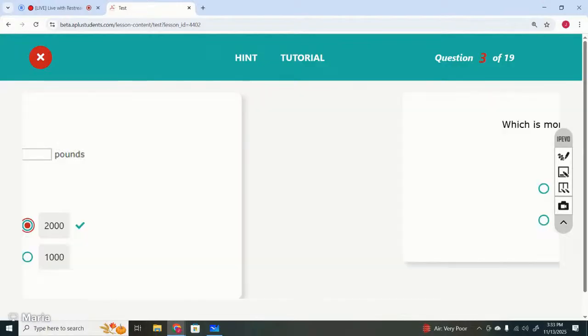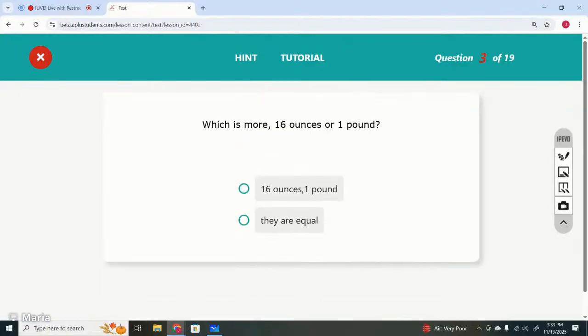Option number one is the correct option. Which is more, 16 ounces or 1 pound?